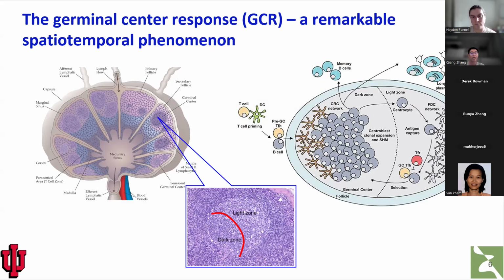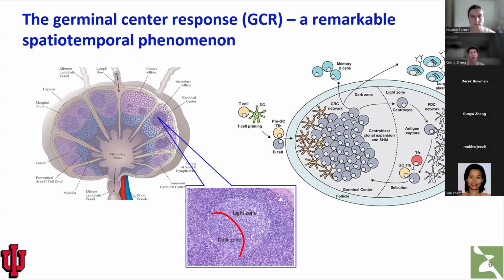So here, just to give you an idea of what a germinal center looks like, for example, what I'm showing you is a lymph node. The lymph node itself is about a few millimeters in size, and the germinal center, which forms during an active infection, has a size of probably 200 to 300 microns.